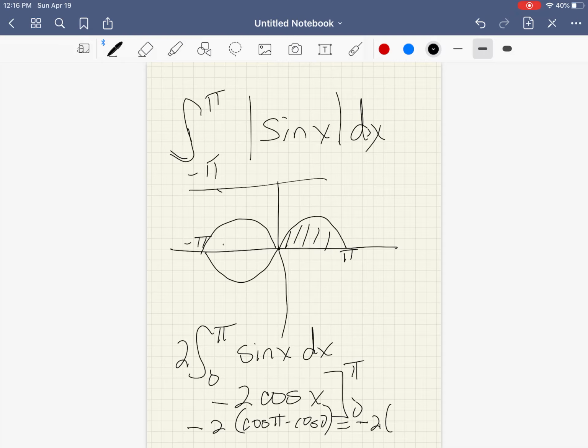Cosine pi would be minus 1, and minus that would be minus 1. So then minus 2 times minus 2 would be positive 4.